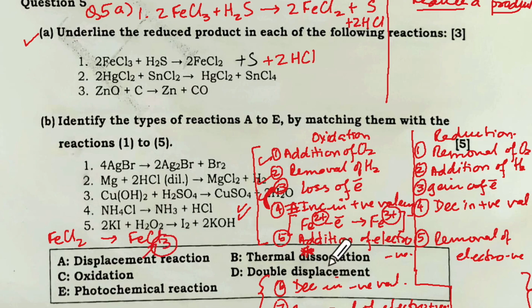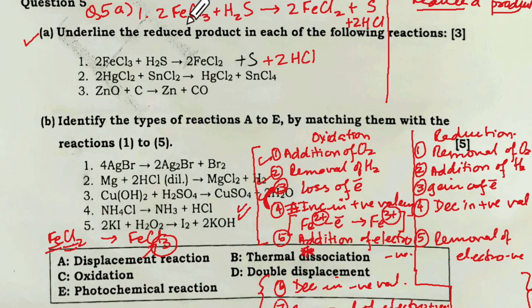Electronegative. Can you see addition of electronegative? FeCl2, Fe is electropositive, Cl is electronegative. So Cl2 becomes Cl3 means Cl has been added. Cl means what? Electronegative. Now understood? Can you see how much you have to still know? Okay. So this is important, the first 5 points.